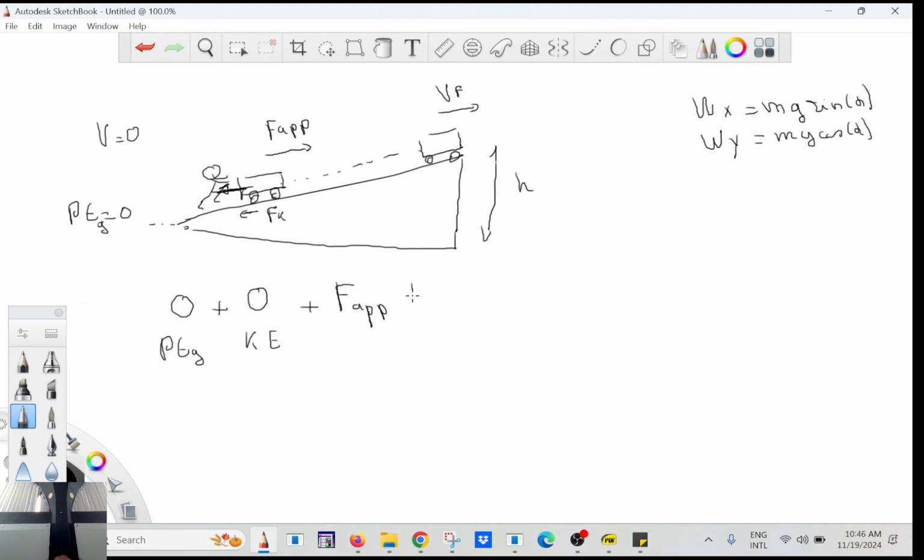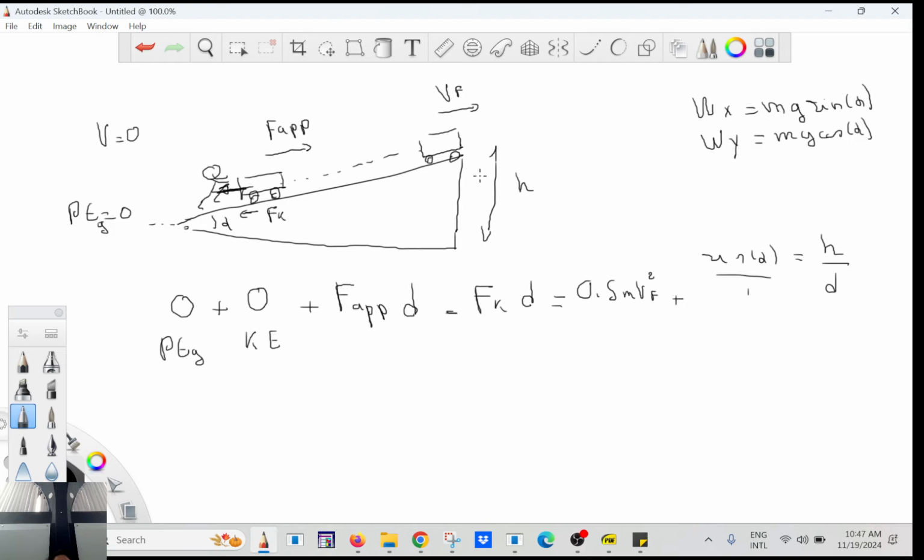I'm going to call that distance d. Agree? You have a sign, like if you use sine, for example, equals opposite over hypotenuse, minus the work done by friction times d equals the kinetic energy after, 0.5 mv squared final.